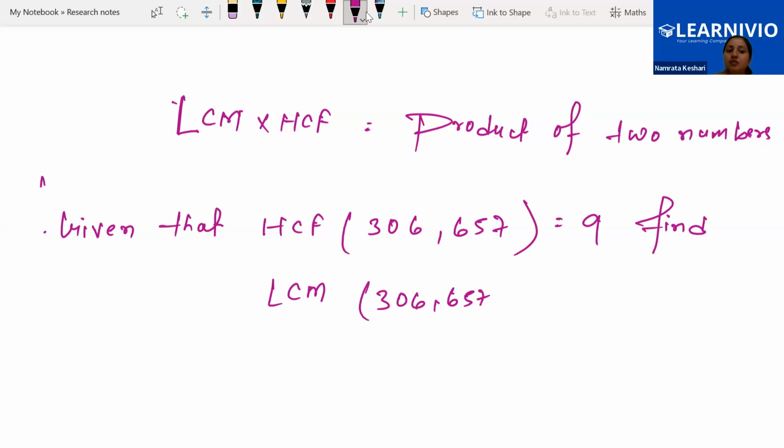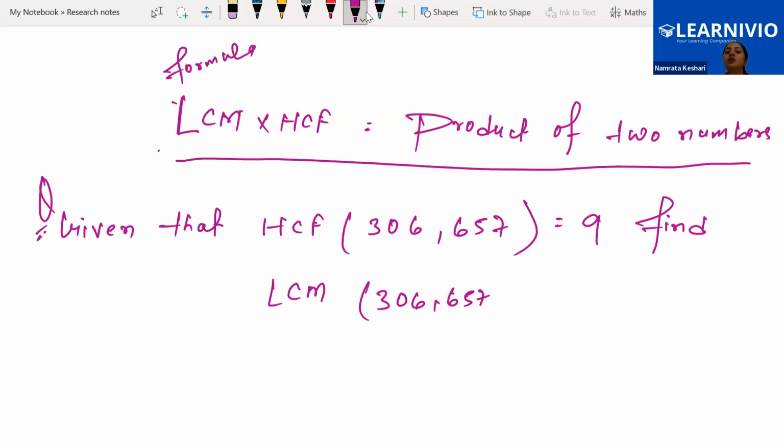Whenever the question is like this, we are supposed to use the above formula, LCM into HCF is equal to the product of two numbers. This formula we are going to use over here.